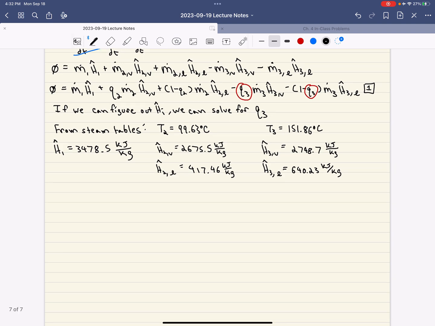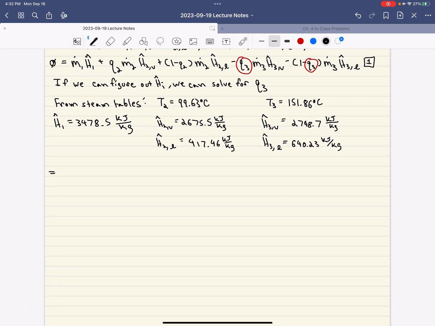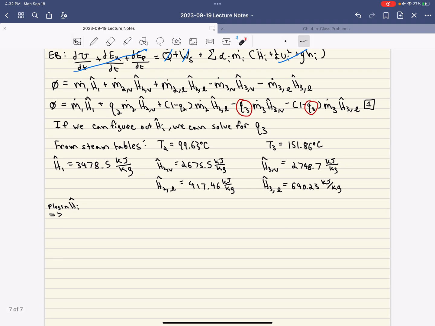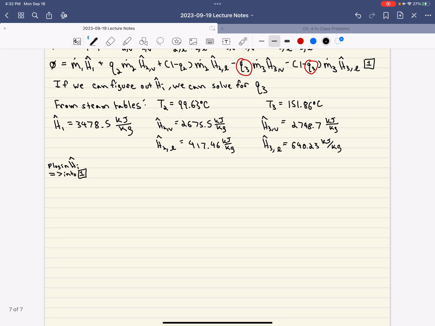Okay. All right. So now that we have all these values, what we could do is plug our enthalpies into equation 1 over here. Okay. All right, so if we plug that in, we could solve for Q3, and we get the mass quality for stream 3 is 0.65.